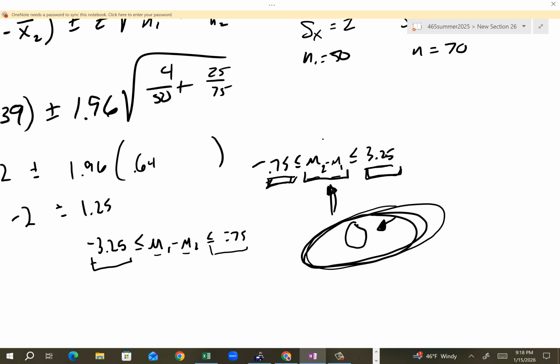So if 0 is in there, and we're going to hit this again in Chapter 9, we're saying that the true mean is somewhere between here and here, and 0 is also in there. So what does that tell me? I'm pretty certain that there is no significant difference between the two things. If 0 is not in there, then there's a significant difference.